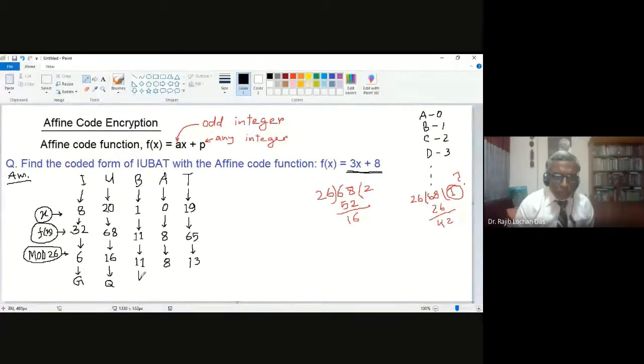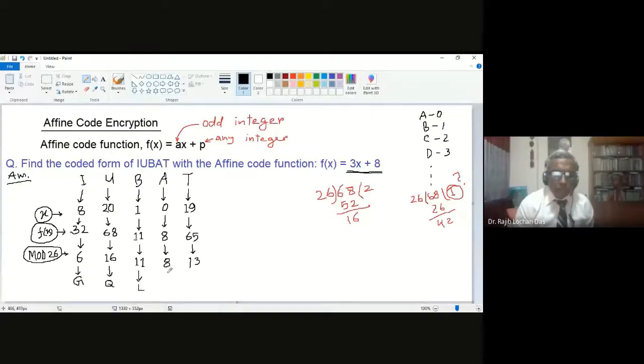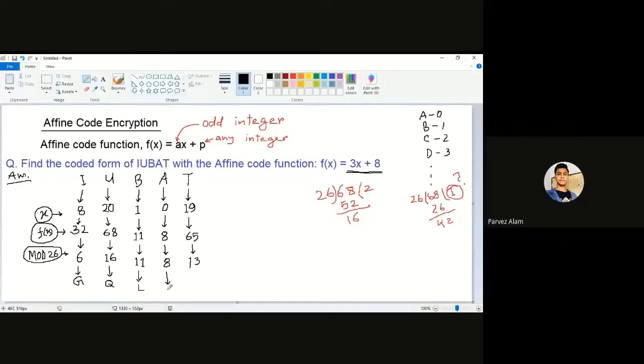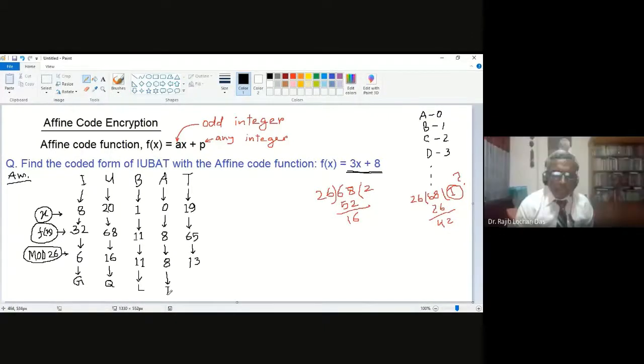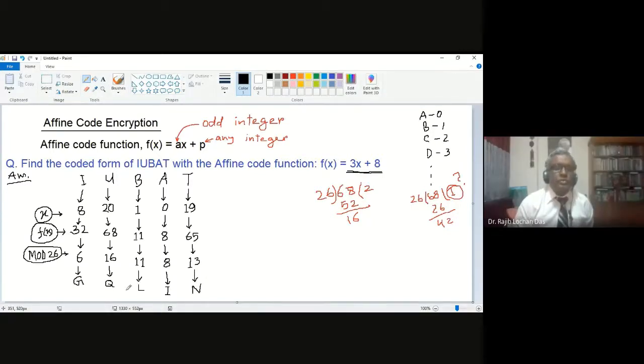So for 11, L, sir. L. For 8, it is I. For 13, N, sir. N. So this will be the coded form.